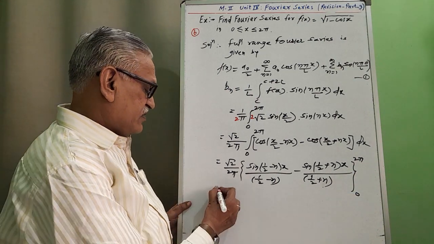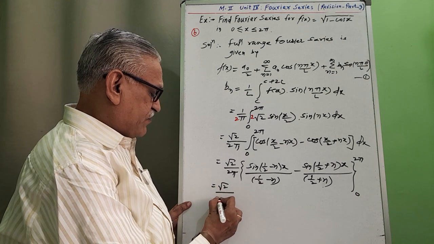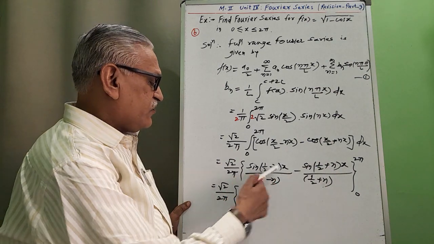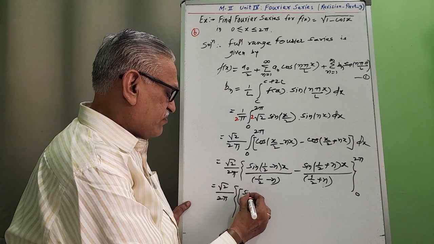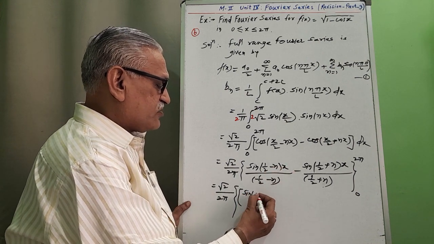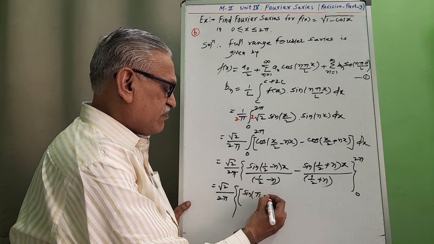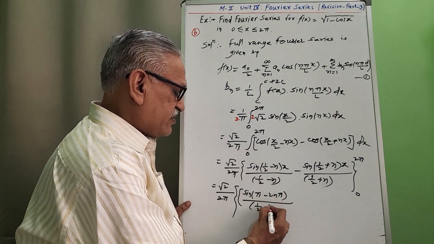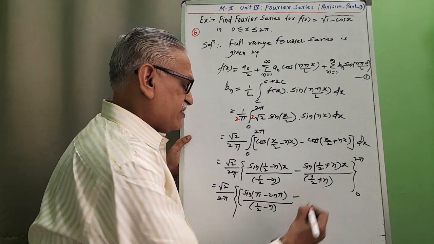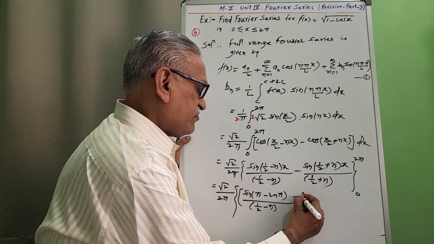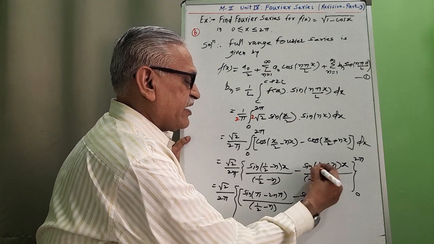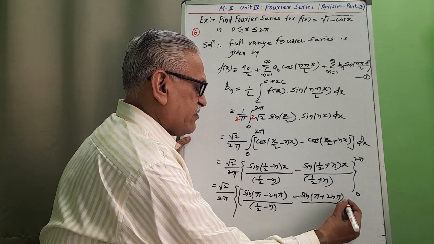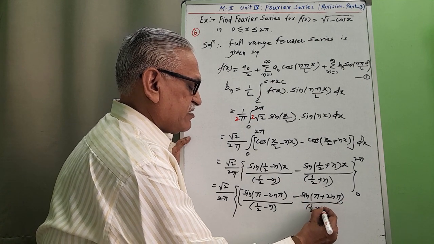Substituting the upper and lower limits, we get root 2 by 2π. For the upper limit, if we put x as 2π, multiplying inside, the 2 gets cancelled, we get sine of π minus 2nπ whole divided by 1/2 minus n, and minus sine of, again, π plus 2nπ whole divided by 1/2 plus n.